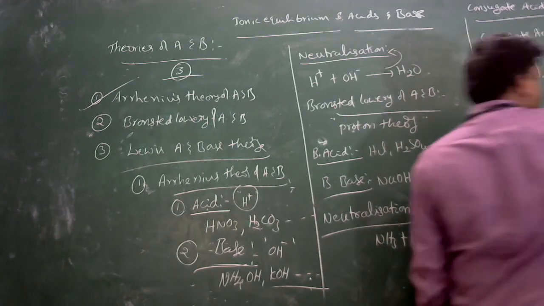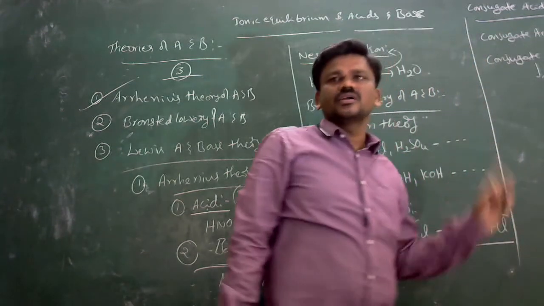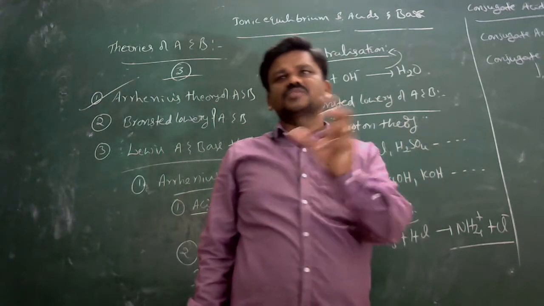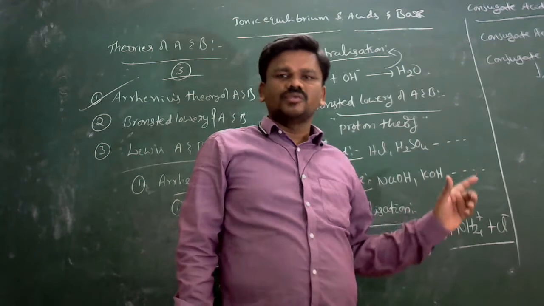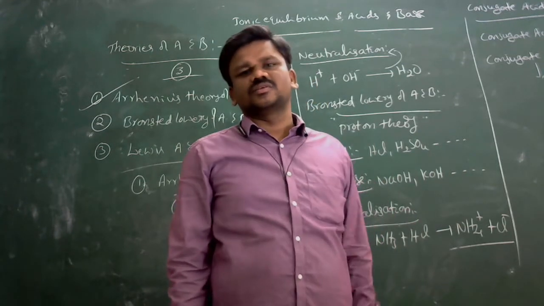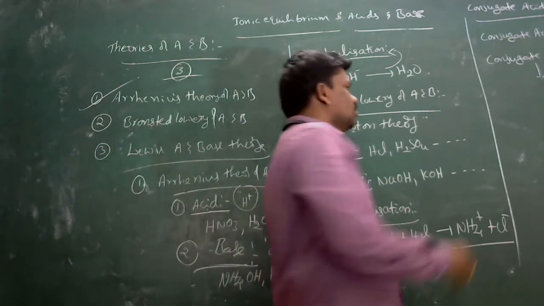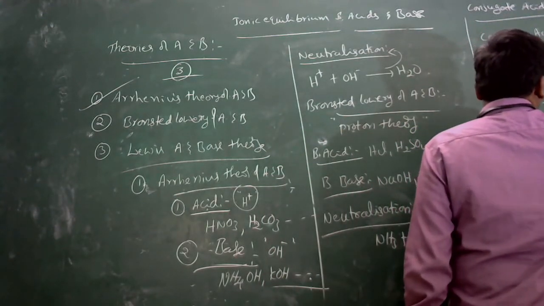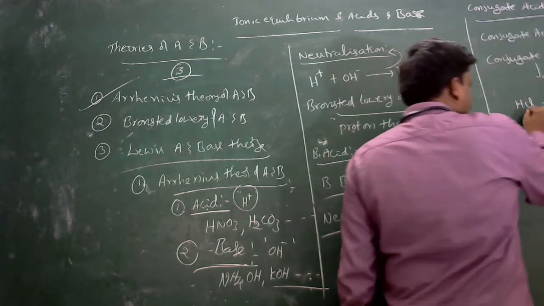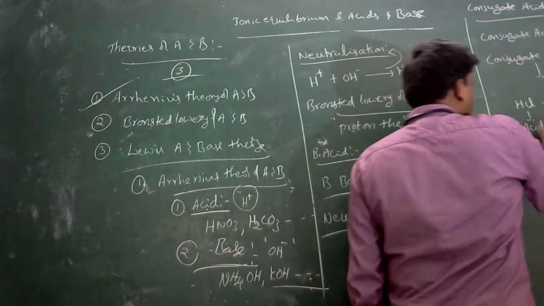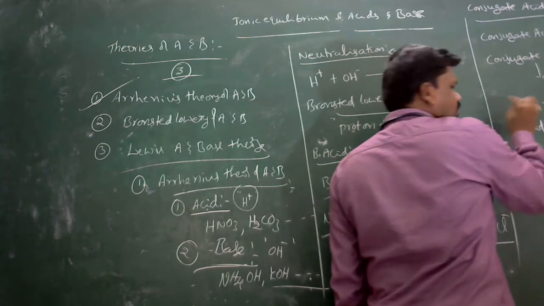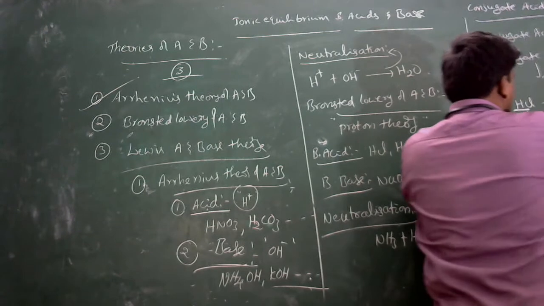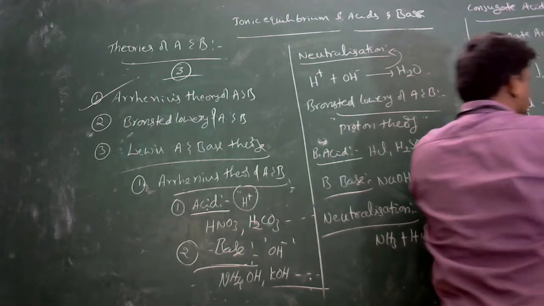For example, HCl gives rise to Cl minus and H+. Here HCl is an acid. With the loss of one proton, that is, the given substance minus H+, it is called the conjugate base.